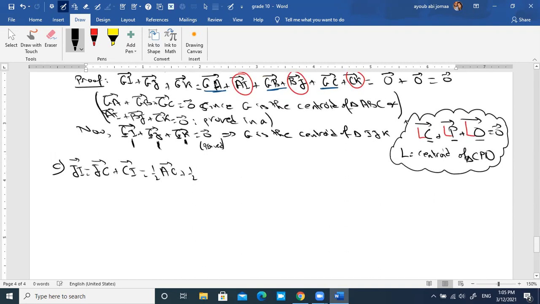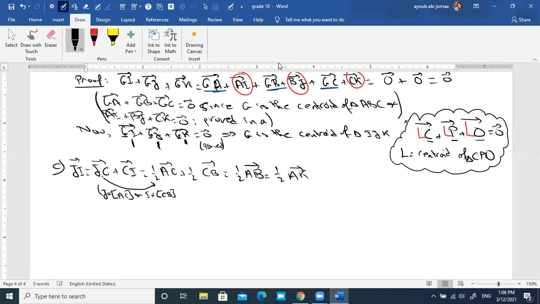Half CB, which is equal to half AB, and half AB is equal to AK. Of course here there are reasons I skipped. JC is equal to half AC, because from this step to this step, J is the midpoint of AC and I is the midpoint of CB.